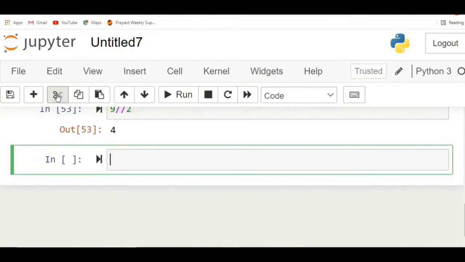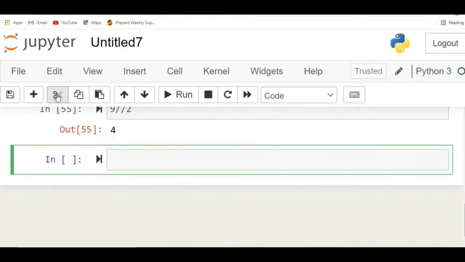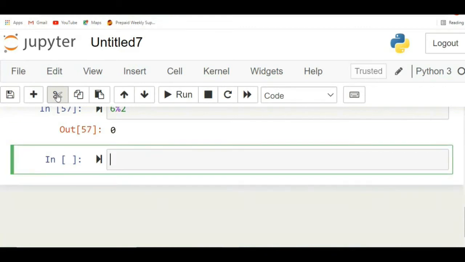And if we want to find the remainder, then for that we shall write percentage. 6 percentage 2, our answer should be 0, because 2 3s are 6 and the remainder is 0.